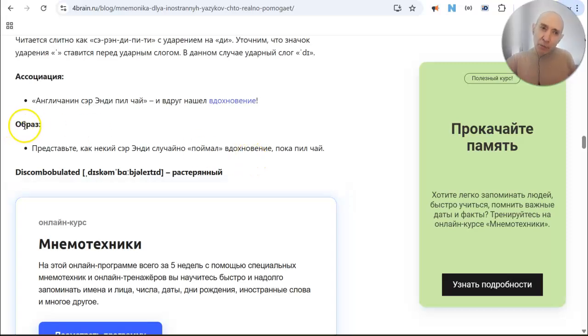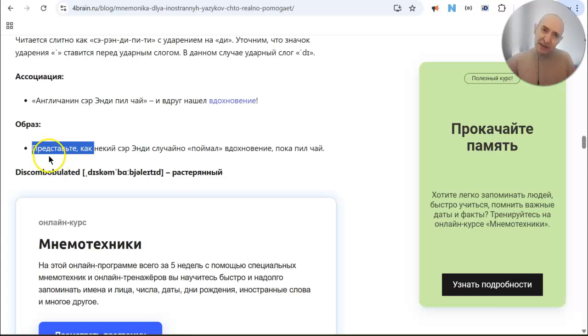And образ means an image. What kind of image you should remember? Представьте, как некий сэр Энди случайно поймал вдохновение, пока пил чай. Представьте means imagine. So представьте как means imagine how, or imagine that.